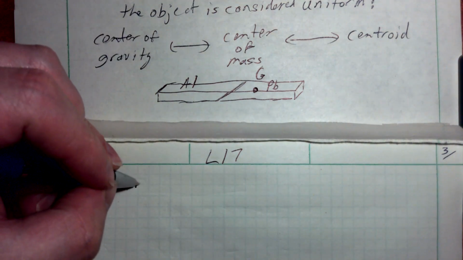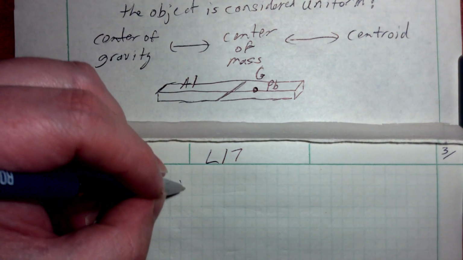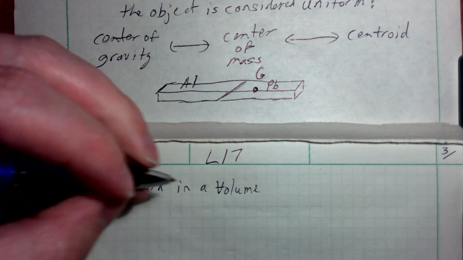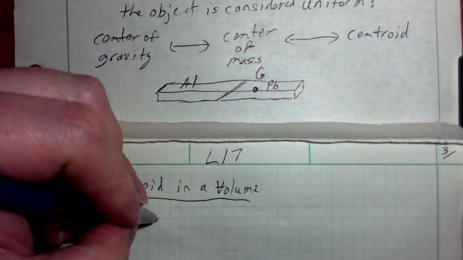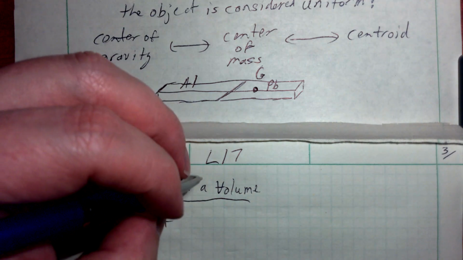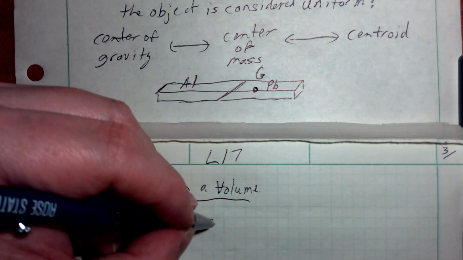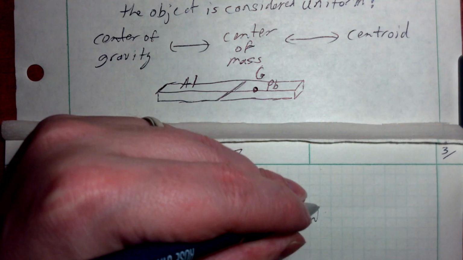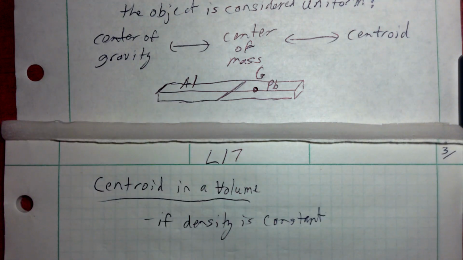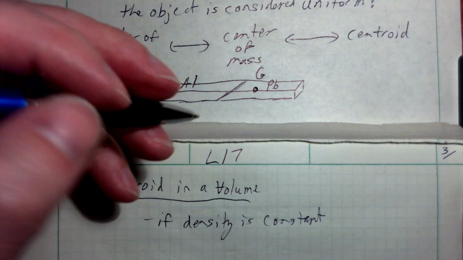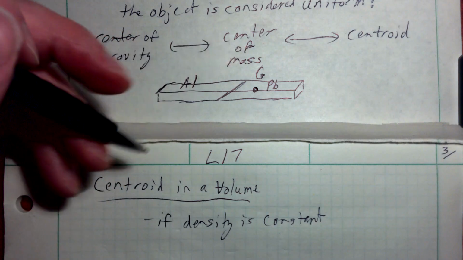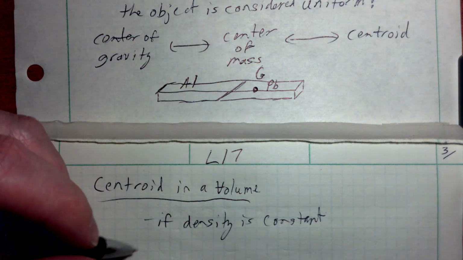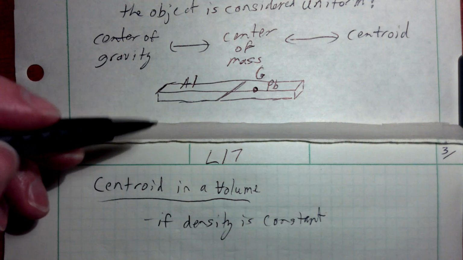So if we look at the centroid in a volume, and if density is constant, that means the centroid is going to be the center of mass. If the density is constant, I don't necessarily have to worry about the weight or the mass.